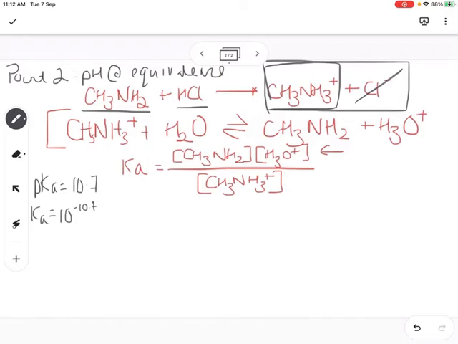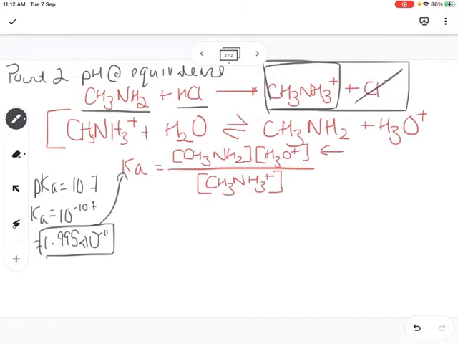Oops, shift log negative 10.7. I'm having trouble with my calculator. Let's try it one more time. Negative 10.7. Thank you. And that gives me 1.995 times 10 to the power of negative 11. So that's the number that goes in here.